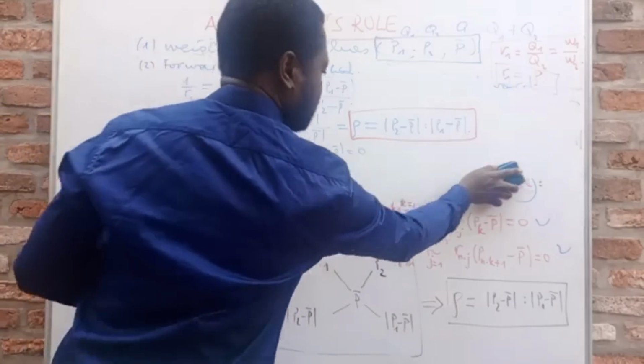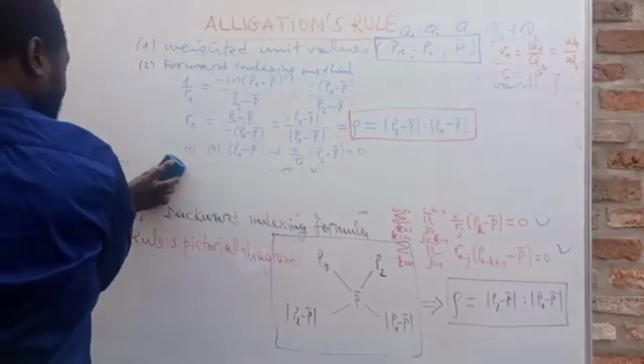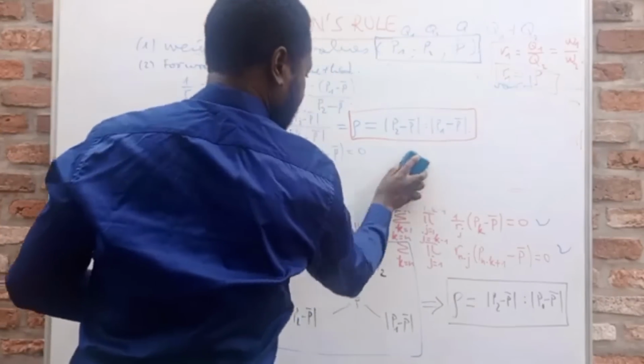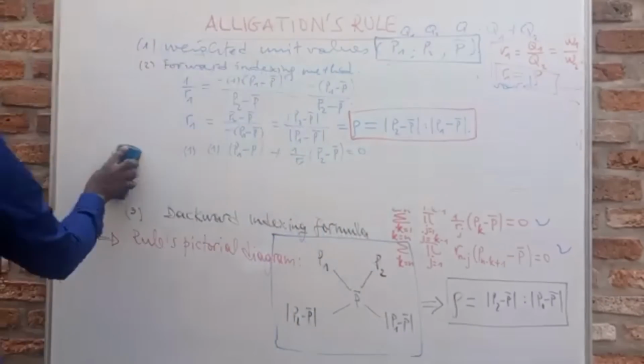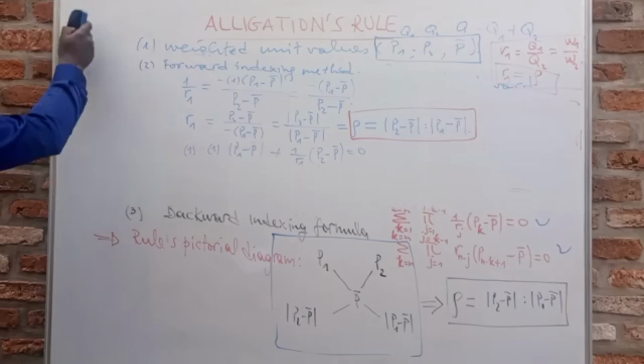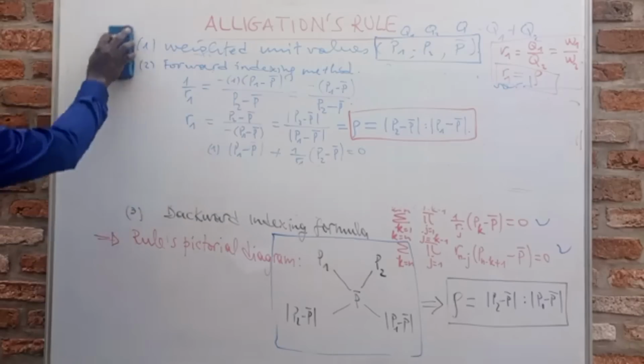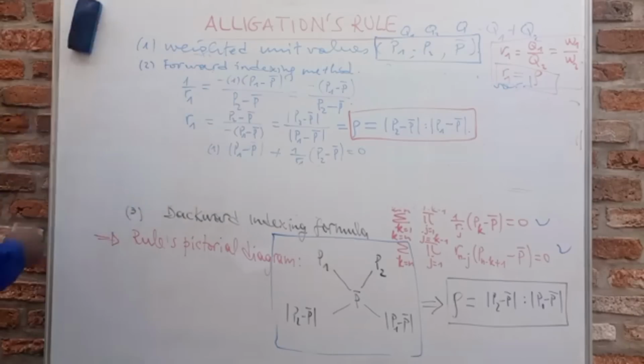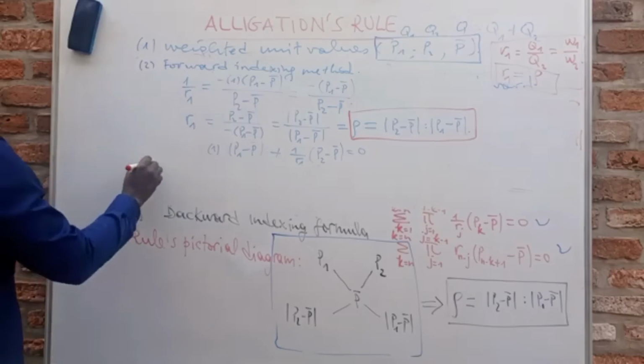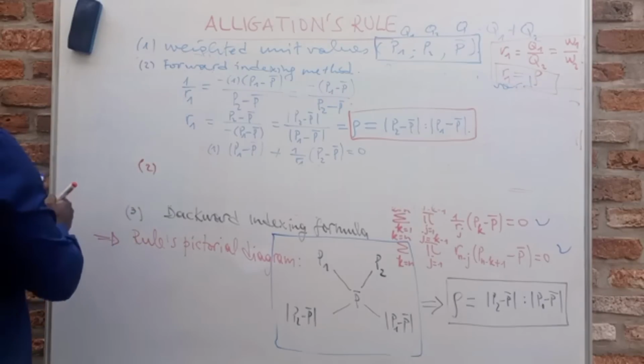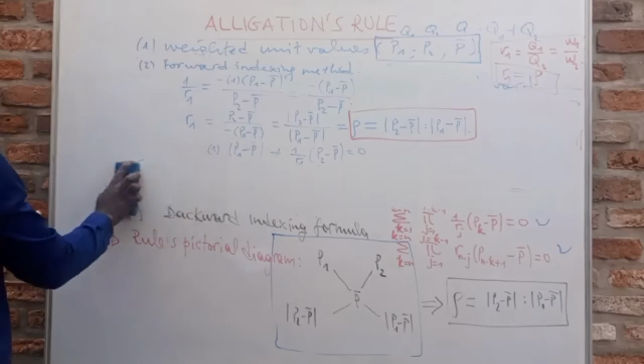So we can use the backward indexing method. Actually, this is this one. We are going to look for the forward indexing method. Forward indexing method. Oh, let me use the same color.